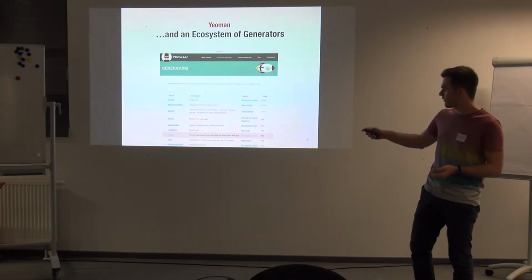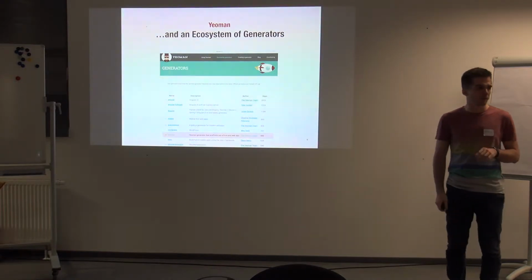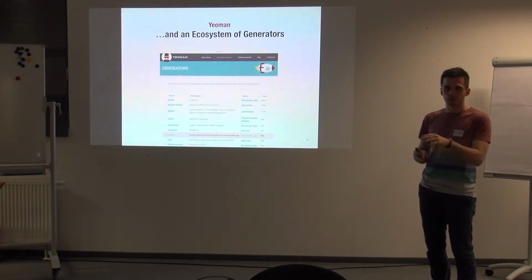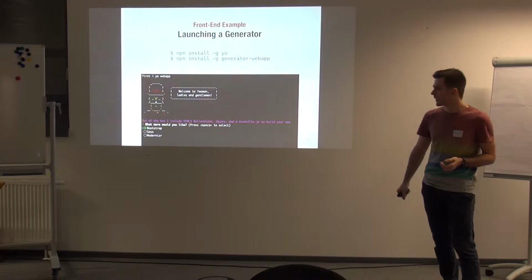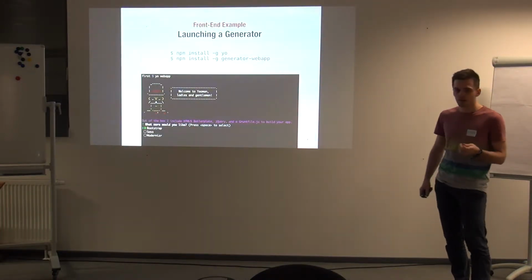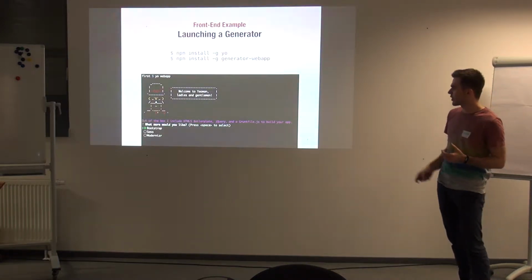We'll just have a quick look at the web app generator. This is a front-end based one, and I'll go very quickly over it, just so that you get the mere basics, and then I'll delve into more Node-related ones. So it basically looks like this. You install this Yo command line tool, which is the scaffolding system. Then you get the generator.